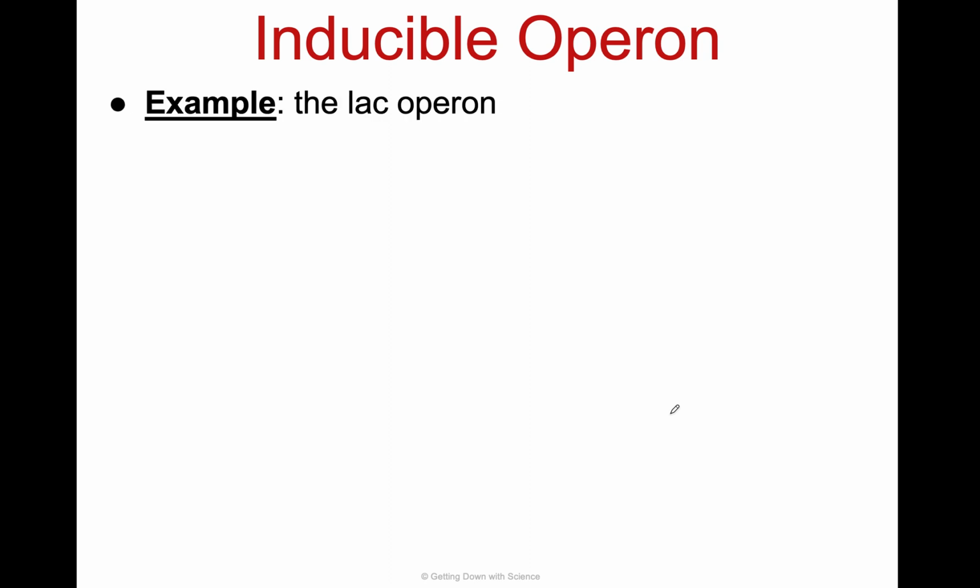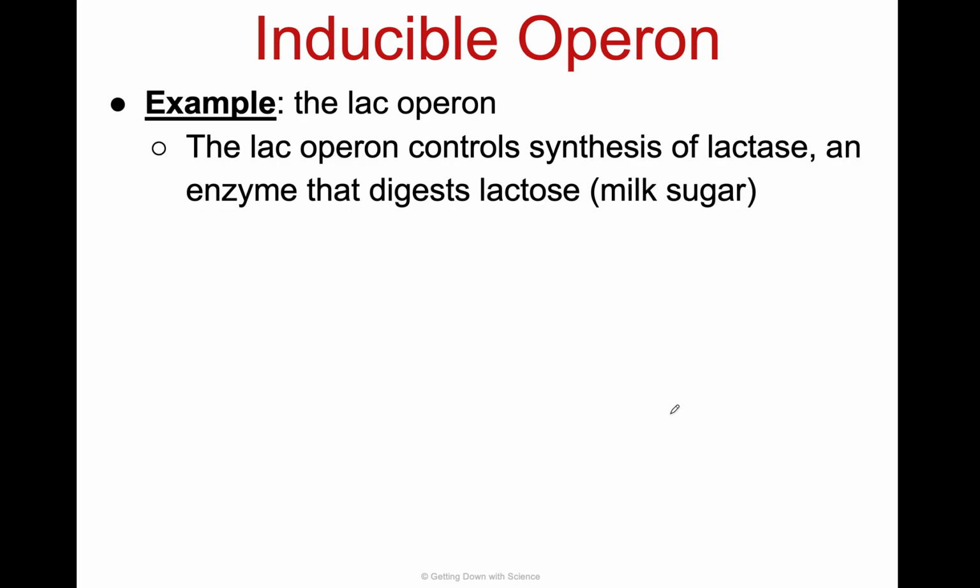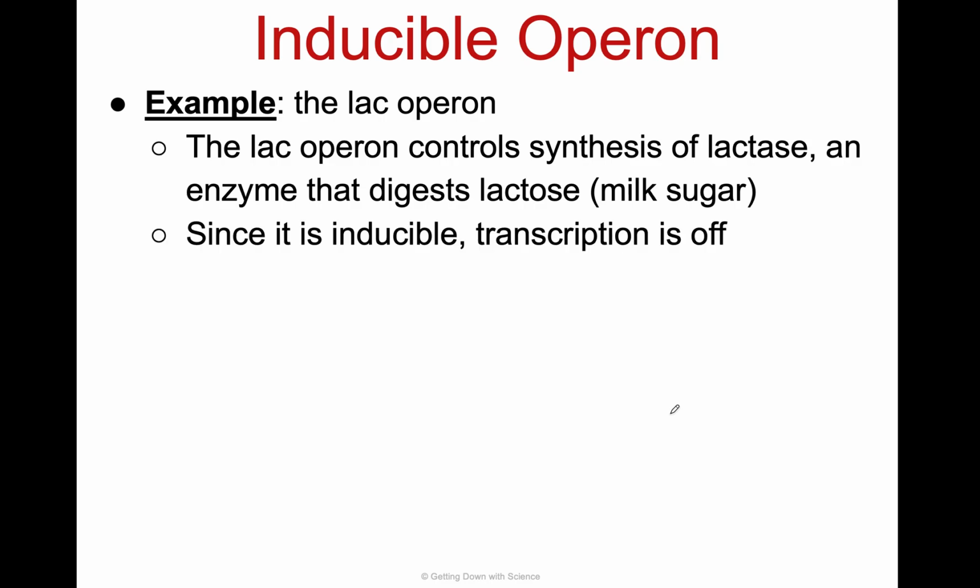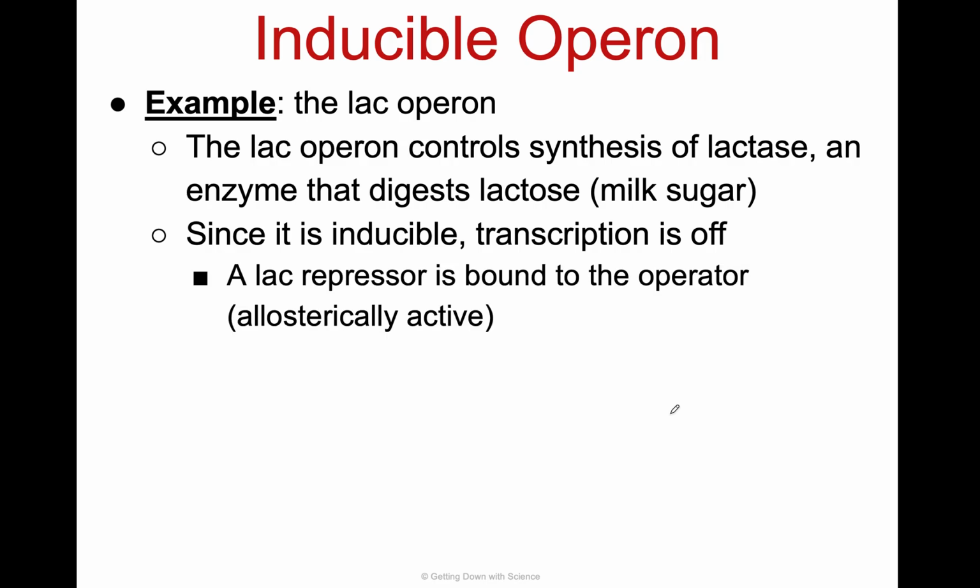All right. Inducible operons, so things that are off that we need on. An example here is the lac operon. It controls the synthesis of lactase, an enzyme that digests lactose, the sugar that's in milk. Since it's inducible, transcription's normally off. So we're not always producing lactase. The lac repressor is bound to the operator. We're going to see this on the next slide.